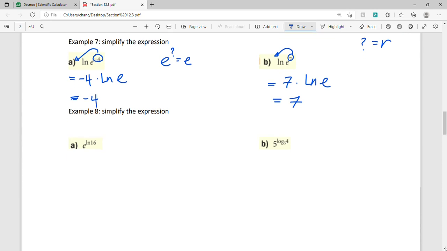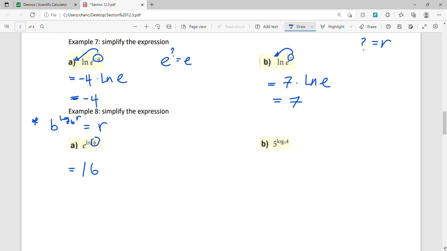Let's simplify the expression e raised to the natural log of 16. We can simplify this because there is a property of logs. We can say b raised to log base b of r, well, that's equivalent to r. And so I can just write my answer out as the argument.